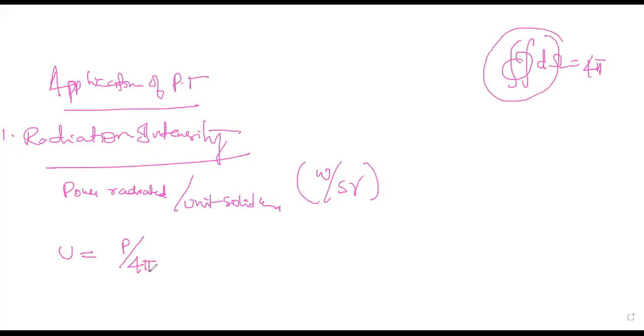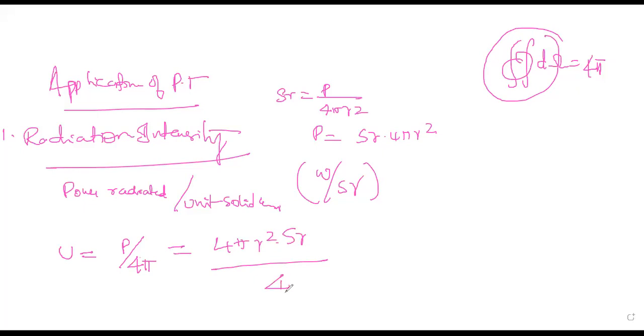So power per unit solid angle is equal to, from equation 3, SR is equal to P divided by 4 pi r square. So write the equation in terms of P: P is SR into 4 pi r square. Substitute it here, so you will have 4 pi r square into SR divided by 4 pi.